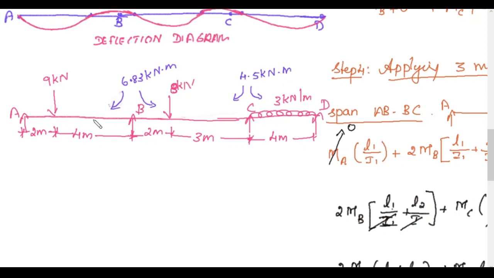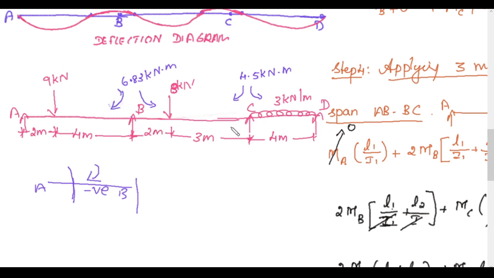See why the direction is like this? Because when you are taking the section at B, when you are considering the span AB, any section in the span AB, right clockwise moment becomes negative. That is why in the span AB, at B it is taken in this direction.